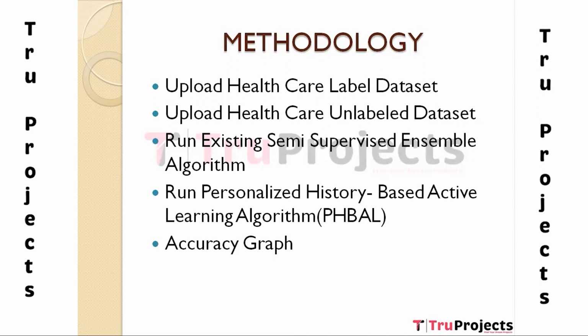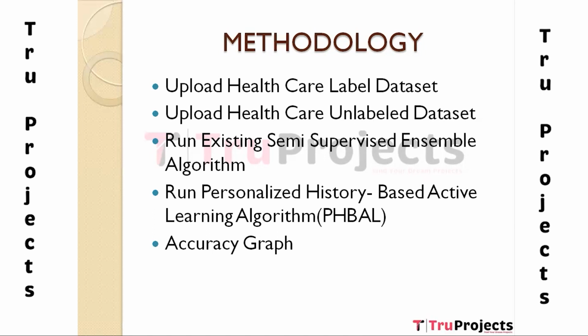The next one, run personalized history based active learning algorithm. Active learning is used for the task of object detection, as in MIAOD, multiple instance active object detection. Using this dependency learning and multiple instance learning, the MIAOD model selects informative images from the unlabeled set to have the user label.